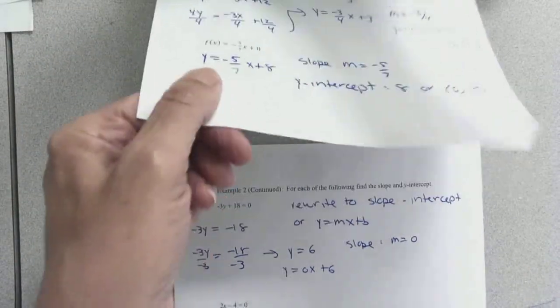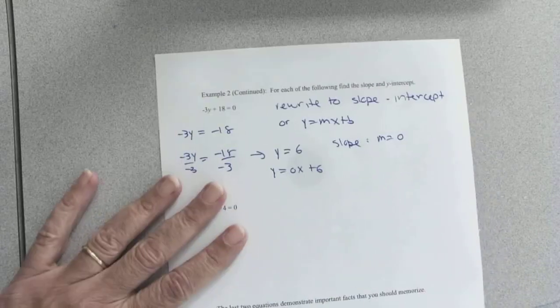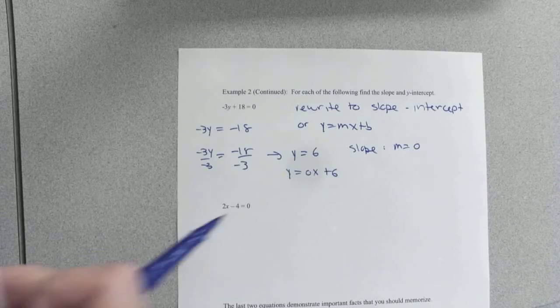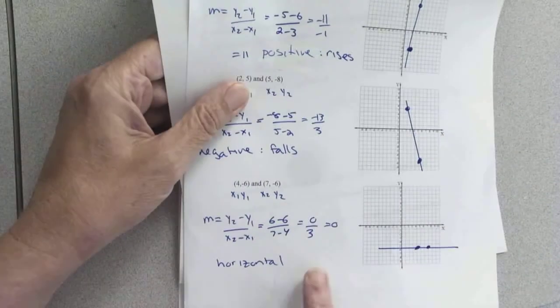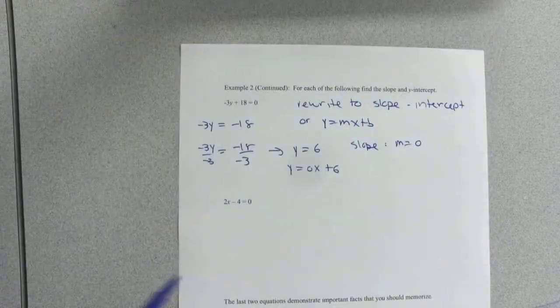Now, if I had actual students in this classroom, instead of just talking to an empty classroom, I would ask the class, what does that tell me about the line? What did we just talk about 10 minutes ago about slopes being 0? Well, one of the things we talked about is that when a slope is 0, the line is horizontal.